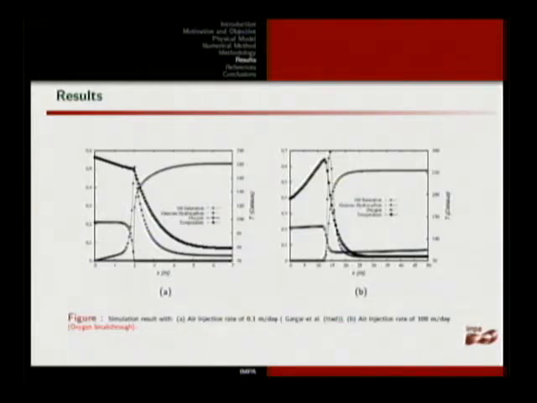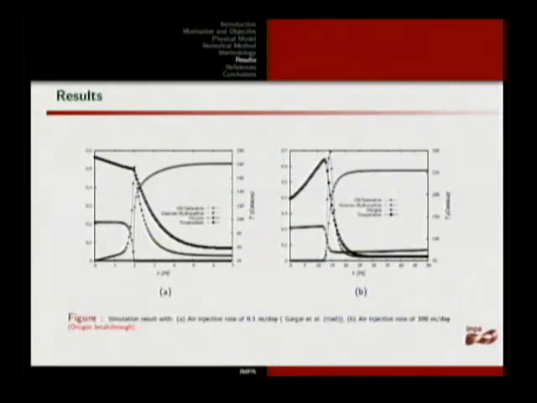And as you can see, the oxygen is totally consumed in the beginning of the domain, in a thin region, and the temperature is reduced quickly, and you have the hydrocarbon here, which has a peak in the small region.